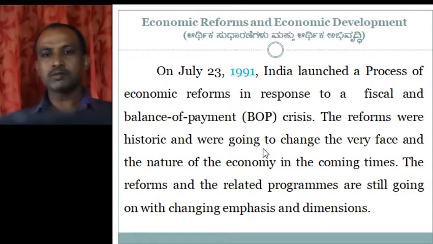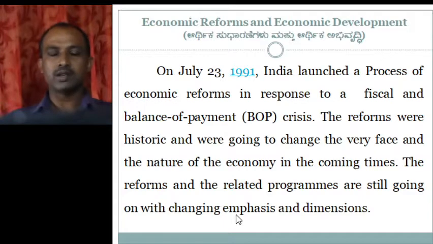The reforms were historic and were going to change the very face and nature of the economy in the coming times. The reforms and the related programs are still going on, changing emphasis and dimensions.